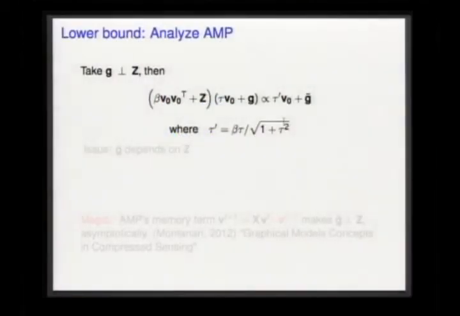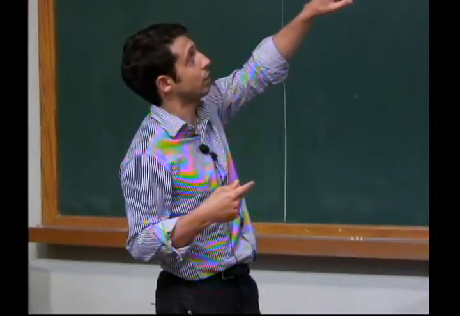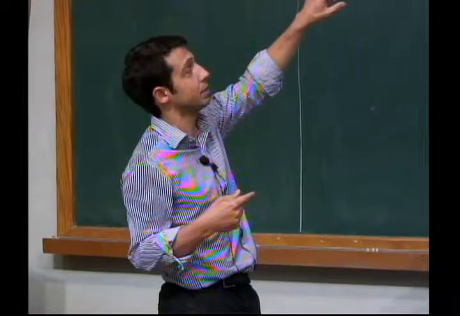We can write this. So this is again going to be a Gaussian vector, and tau prime is expressed in terms of tau like this. So it's a function of tau. The reason why I cannot repeat this reasoning on power iteration is that the vector g tilde is going to depend on z.